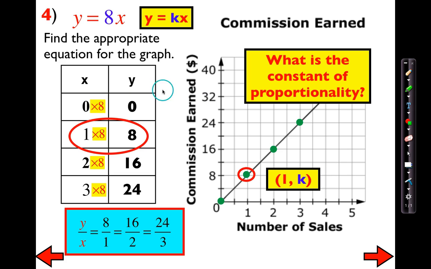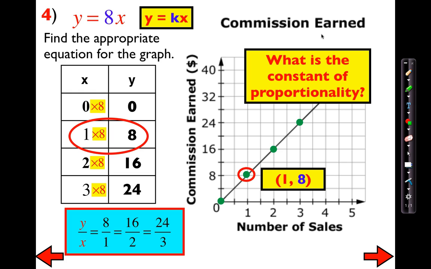But not only that, we also were able to see it in our table here. 1 for x, and then we saw the value of y was 8. So this is an indication of what the constant of proportionality is. Now keep in mind, it's not always going to be in our table or in our graph. It's not going to be as clear for certain cases. But in this case, it was. So would it be a good thing for you to know? Absolutely. Keep that in mind.